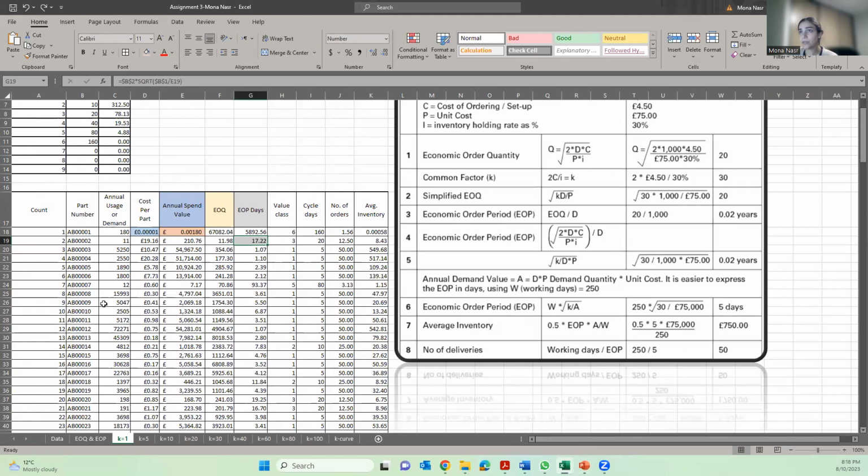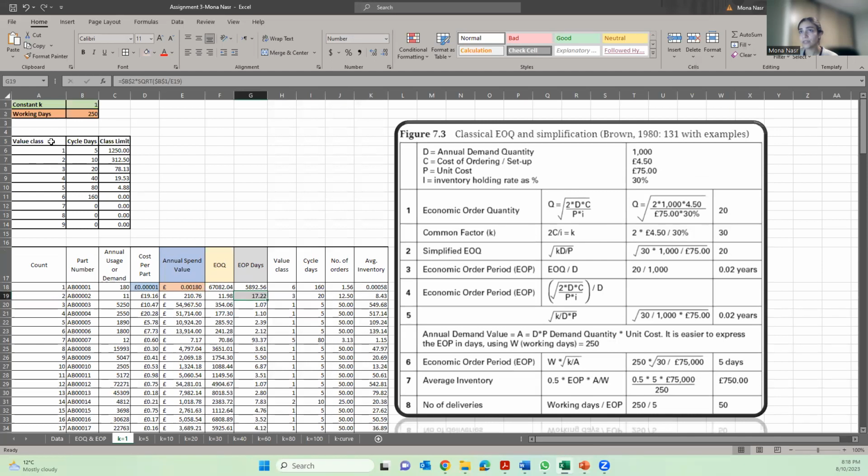Here, as you can see, we have value class, cycle days, and class limits. We considered 9 value classes here, and for calculating class limits, we divide the sorted items into the desired number of classes, which are 9 here.